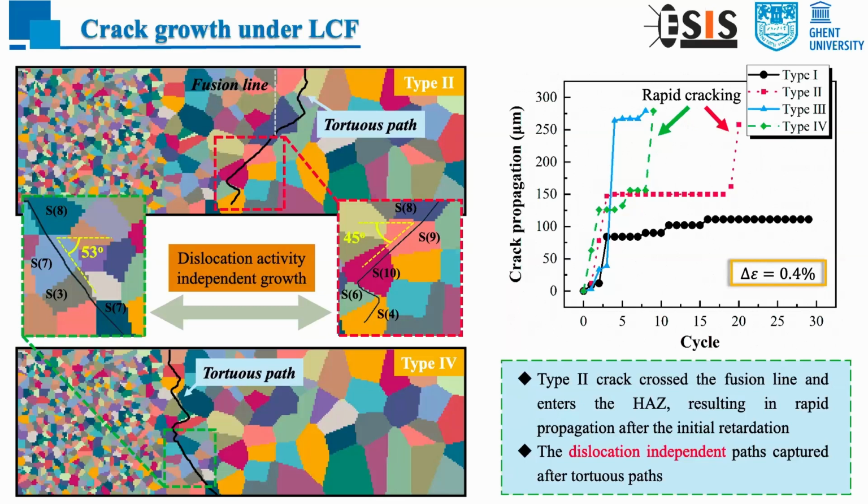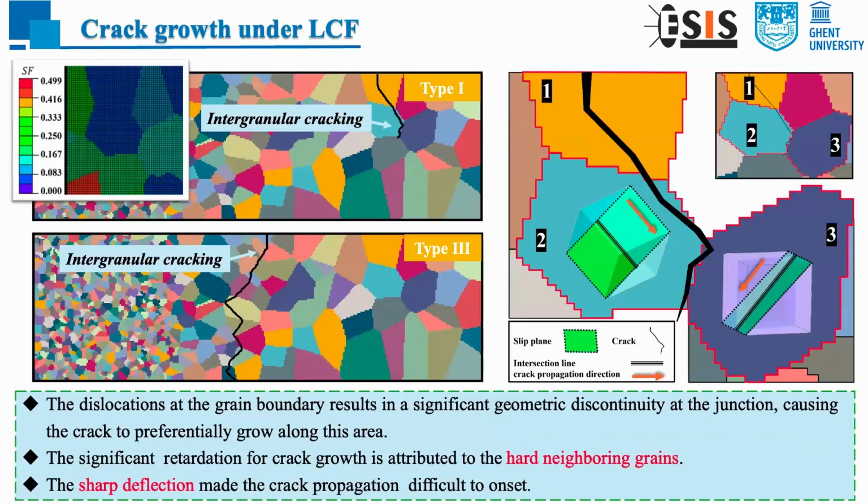So I take this region as the long crack growth region, which is independent of the dislocation activities. And we can notice that between the short crack path and long crack path, there will be a retardation. And there will also be an obvious retardation for crack 1, which will be introduced in the next slides.